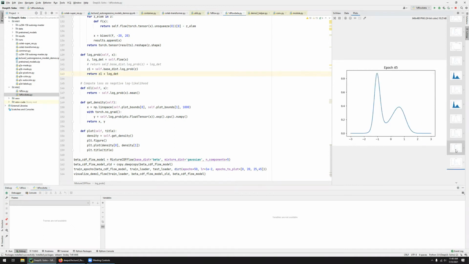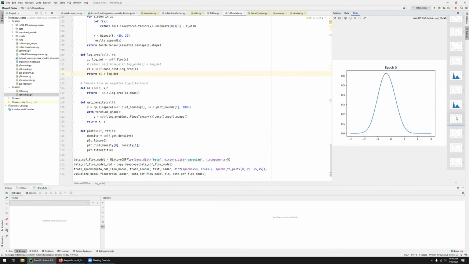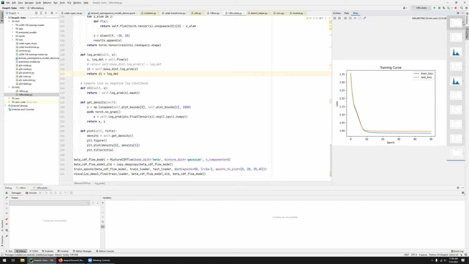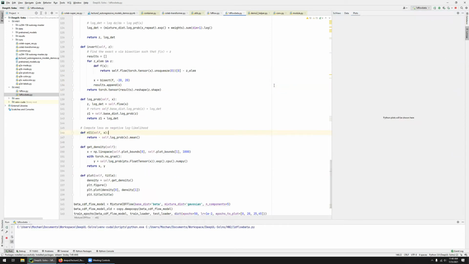So if we look at the results, it seems to be similar. This is the original, this is the sampled one. With a beta distribution, does it give a better match? Is the loss lower? Or whatever the metric is, I forget. Okay, let me run it again. We use this to compare the two models.